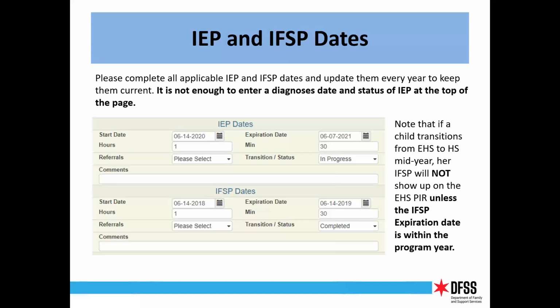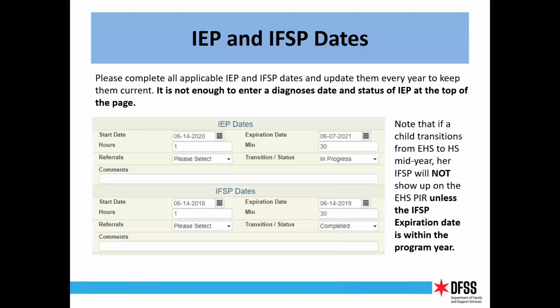So this has become a problem recently. We've had people contacting us asking why children aren't showing up on their early Head Start PIR as having received an IFSP. These are children who have turned 3 and often have been transitioned into a Head Start classroom.